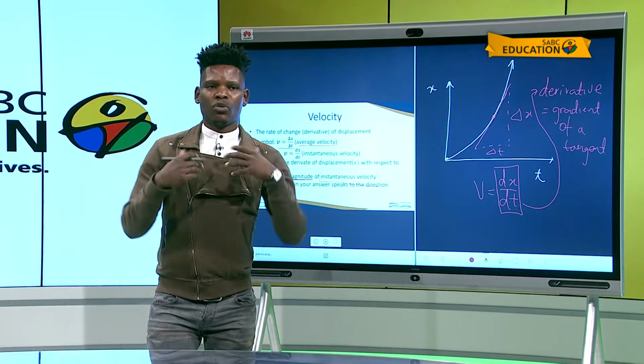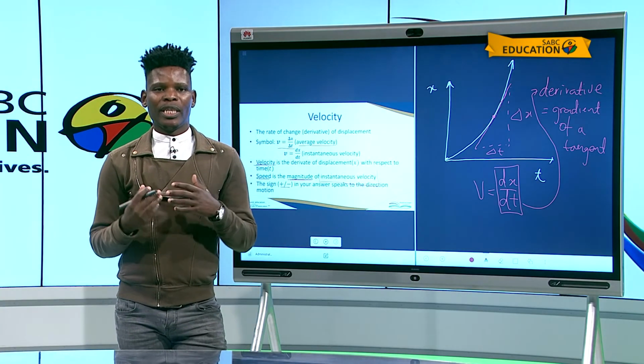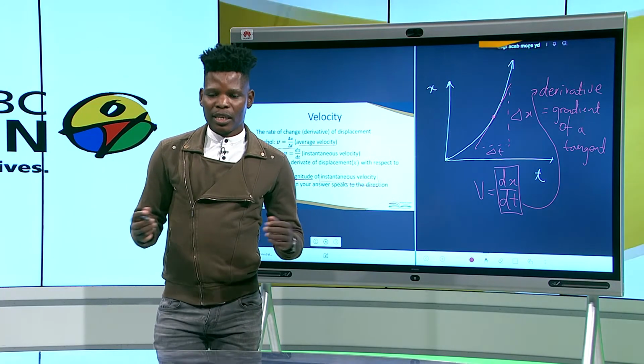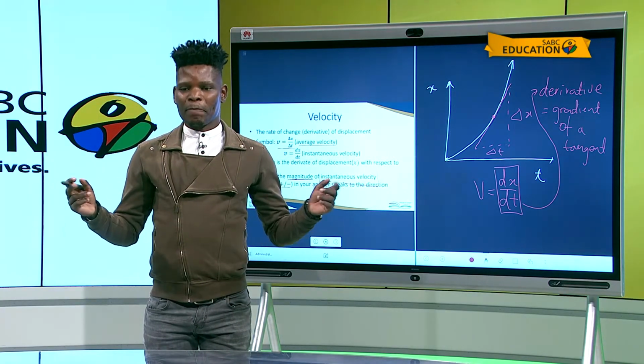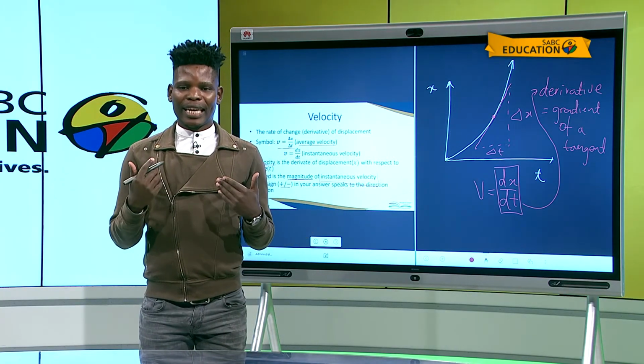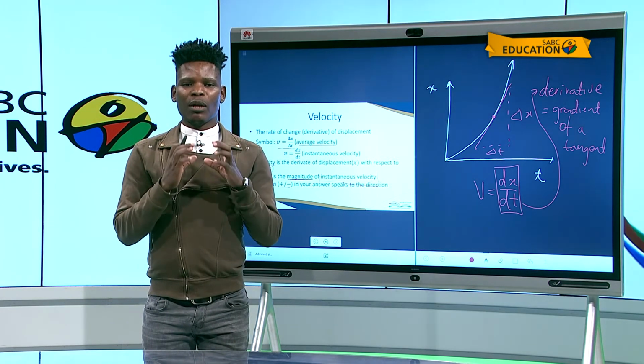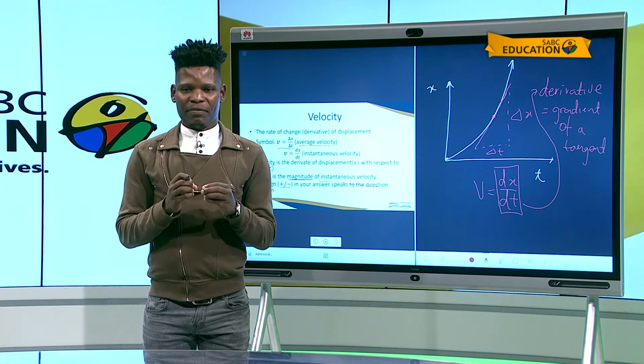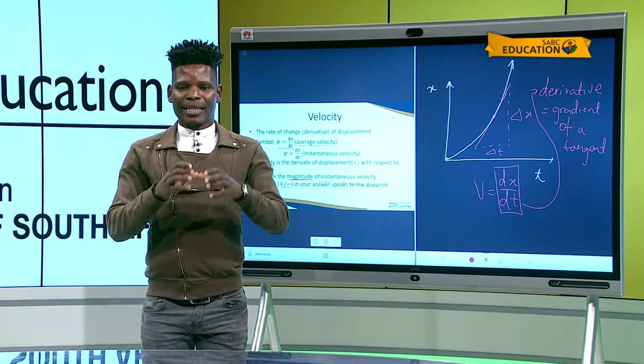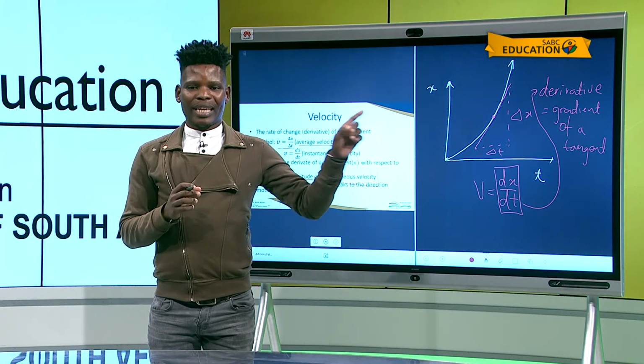Now, when you are doing a science problem, normally you'll need to choose a positive direction. Say you are doing a question in a straight line. If you choose the positive direction as to the right, it means that if you do your calculations and your answer is negative, it basically means that the object will be moving to the left.